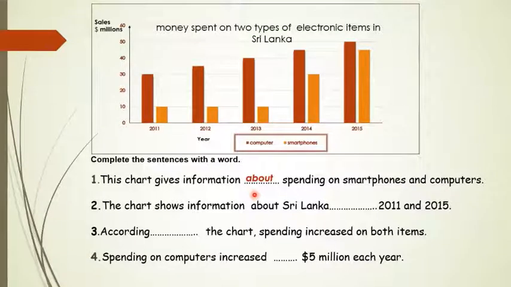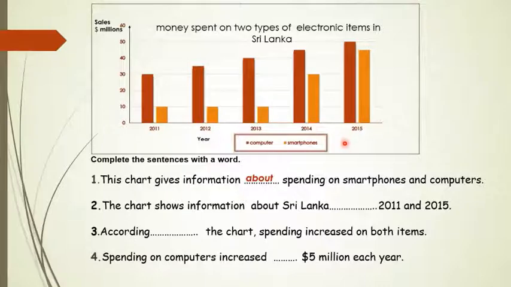Yes, this chart gives information about spending on smartphones and computers. So if somebody asks, hey, what is this chart about, then you have to say this chart gives information about spending on smartphones and computers.